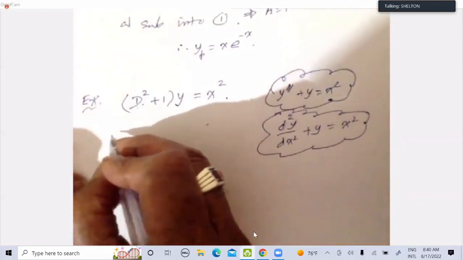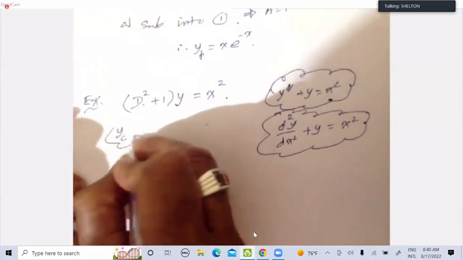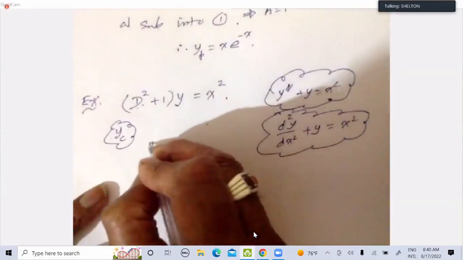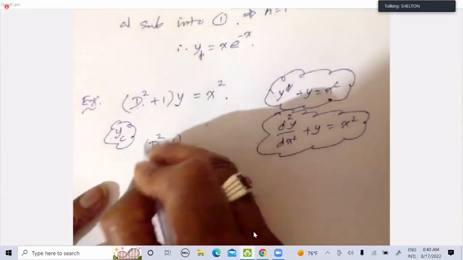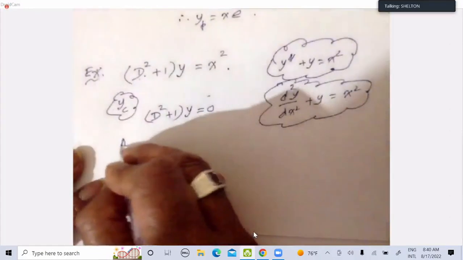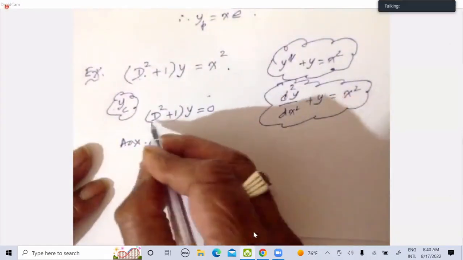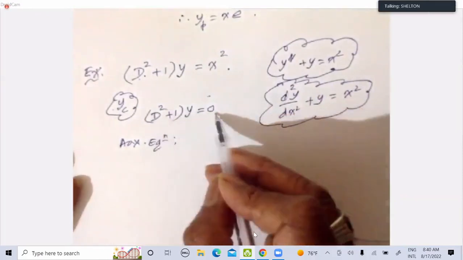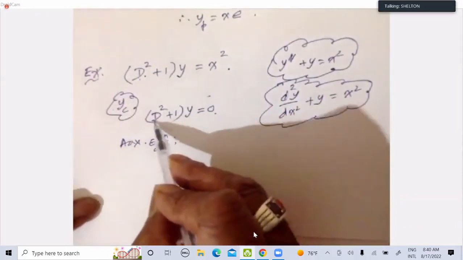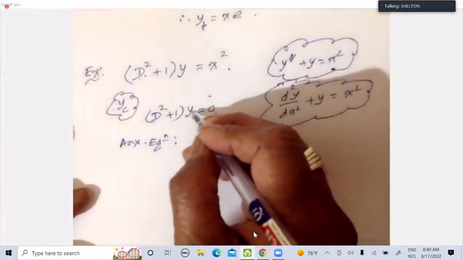To find yc, we have to solve the complementary equation. First find yc, put this side 0, D squared plus 1, y equal to 0. What is the auxiliary equation for this homogeneous differential equation? Instead of capital D, we put m, and for y, we put 1.